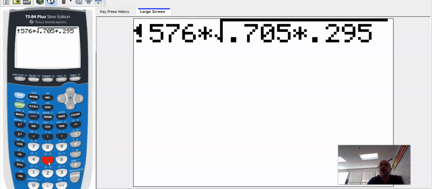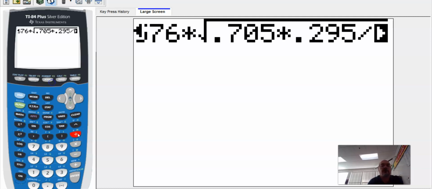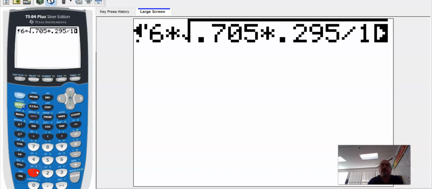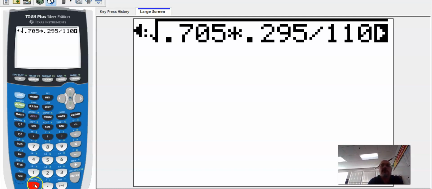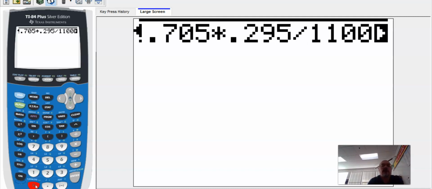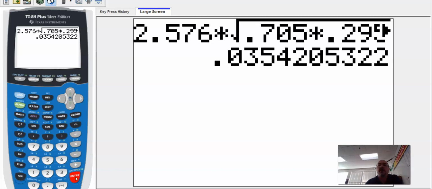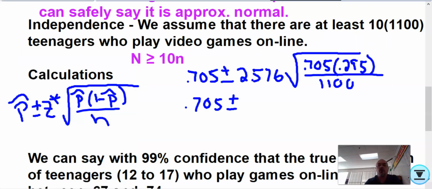Please make note that all of that is still under the square root. If you are using an older calculator, you need to put parentheses around it. Here's my margin of error, 0.0354. Now I can come up with my interval.